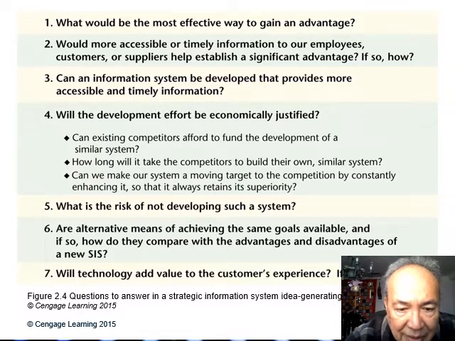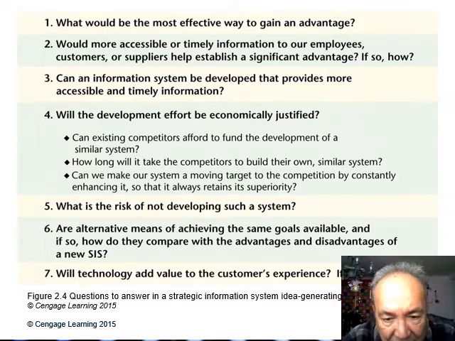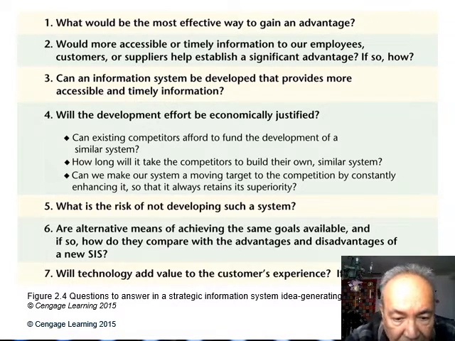Will the development effort be economically justified? The cost? What is the risk of not developing a system? Are alternative means of achieving the same goals available? If so, how do they compare with the advantages and disadvantages of a new one?